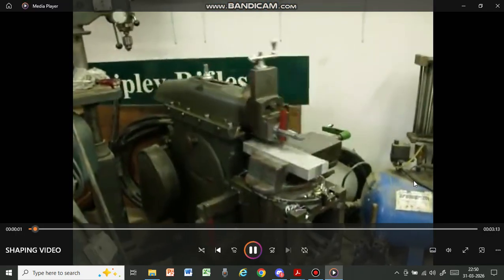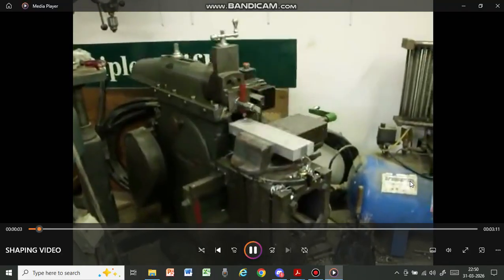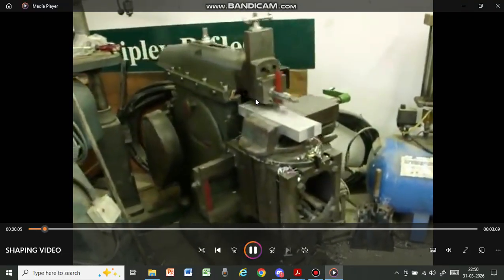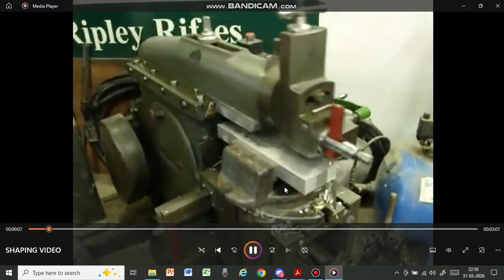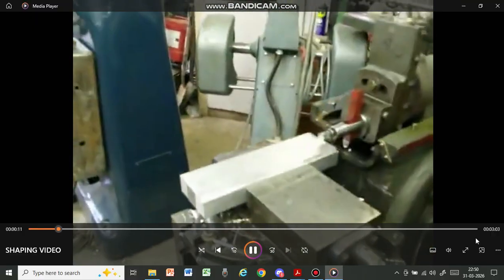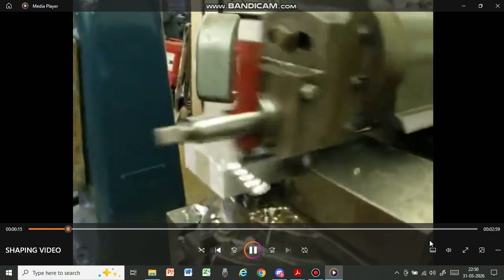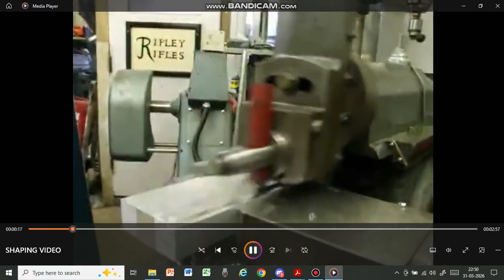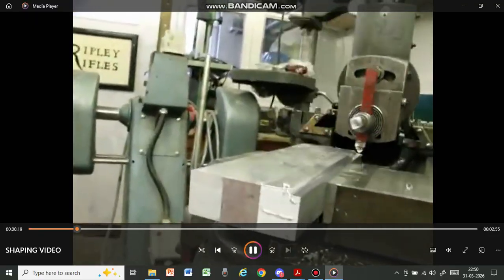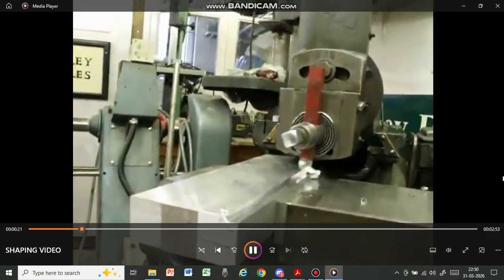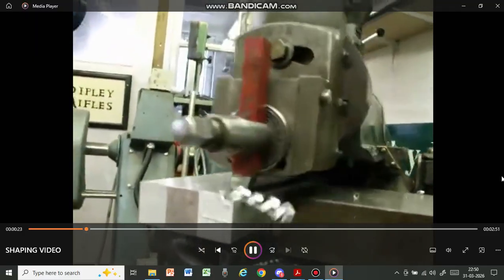You can see here that the ram is reciprocating and the tool is also reciprocating because it is fixed on the ram. On the forward stroke, the material is cut, and on the return stroke, there is no cutting at all. It's just to get the tool back to the original position.